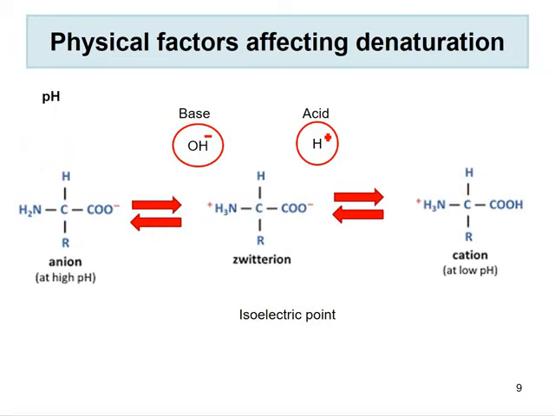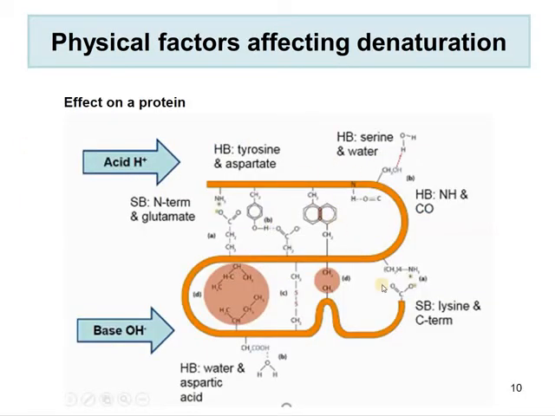So that is that. I'll just make an example of a full protein here. When you add acid and base to a protein, and let's assume this is an enzyme or any type of protein, by protonating and adding hydroxyl groups you always alter the ionic bonding. Ionic bonding means positive and negative.